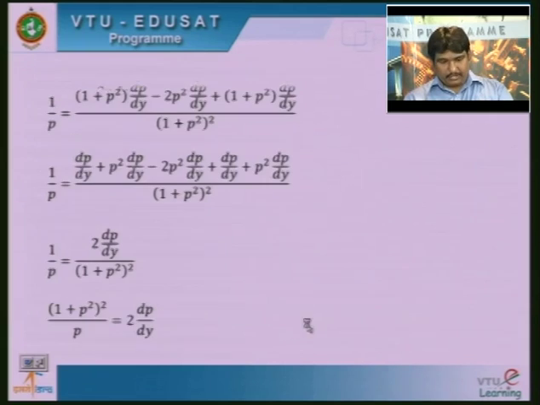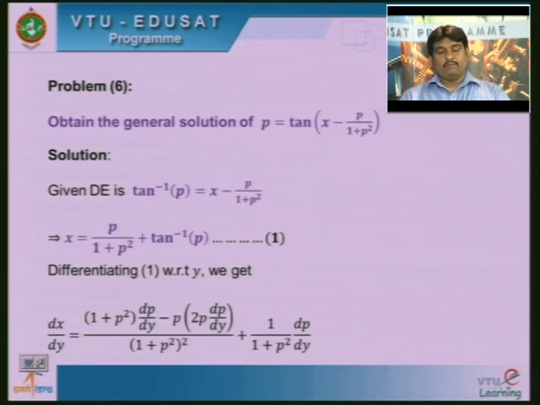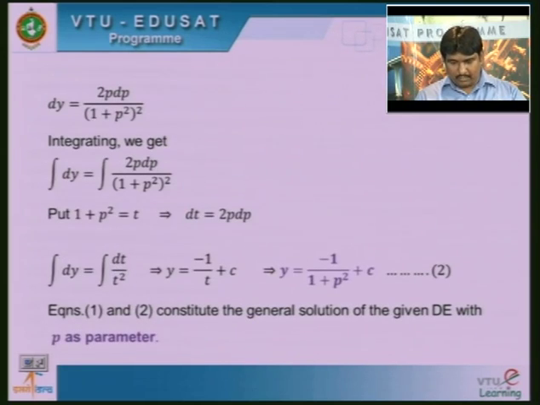And from equation 1 you can see it is x equals p by 1 plus p square plus tan inverse of p. So from 1 and from 2 you can see elimination of p is not that easy. We cannot easily eliminate p to get a relation in terms of x and y explicitly.